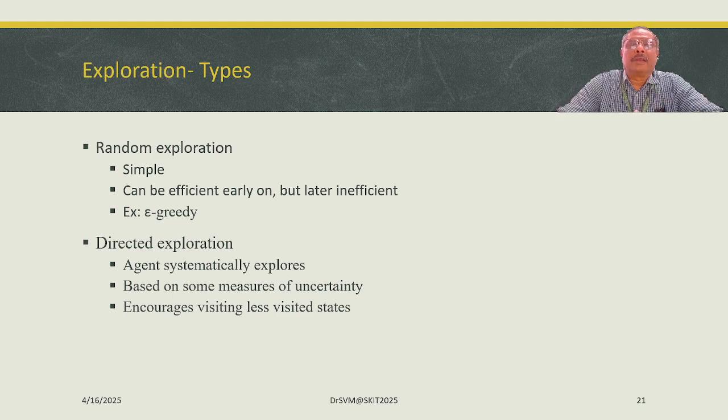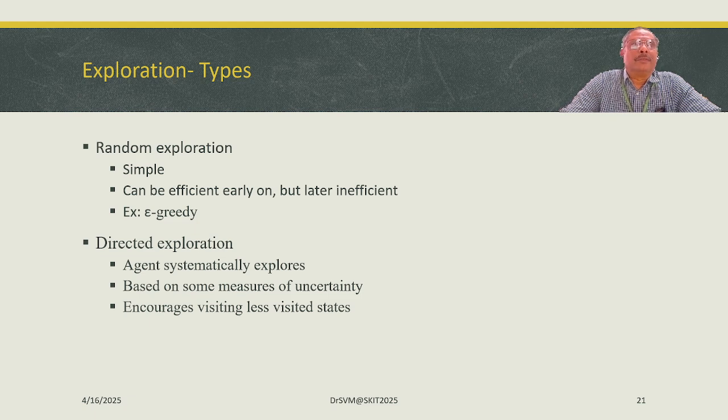So when we are taking any action, we try to see that the next state is one which is less often visited by the system. If it is quite often visited, we try to avoid that. That is one of the ways we can explore unexplored areas of the environment.